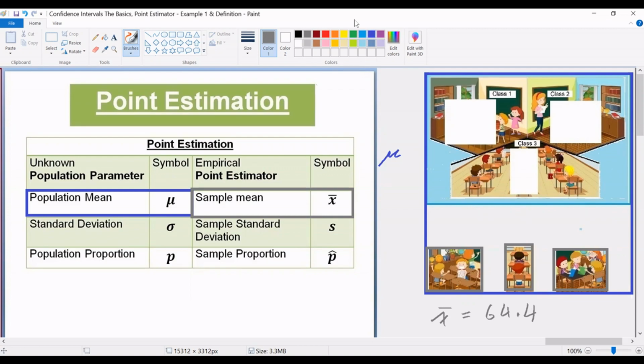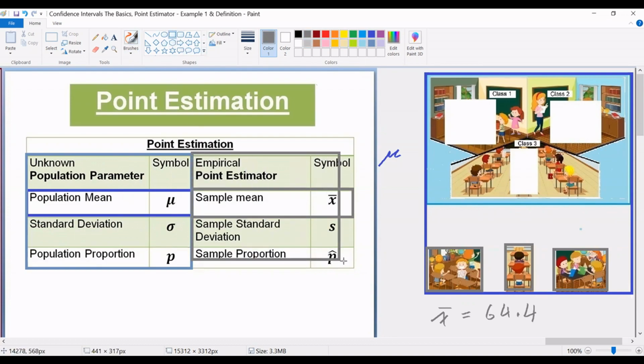So essentially, whenever we have a population parameter, this represents some kind of total. And whenever we have a point estimator, this represents a sample from the total that we use to calculate some kind of value.